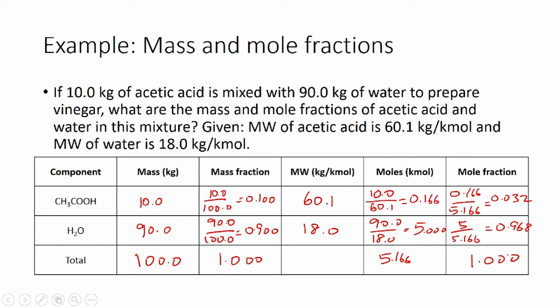So, this is how you would go about calculating your mass fractions and mole fractions. In case you have not been given the masses and only the mass fraction has been given, what you can do is assume that the total mass of the mixture is 1 kilogram or 100 kilograms, and use the mass fraction to calculate the mass of these components in these mixtures, and then convert those masses to moles and still calculate the mole fraction.